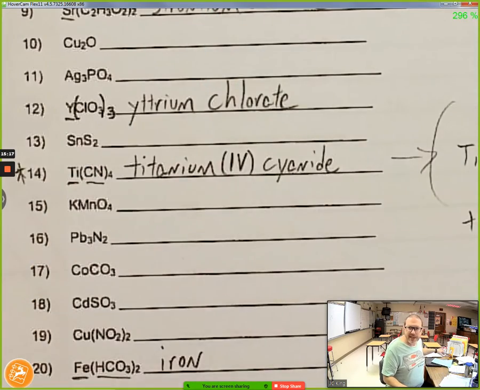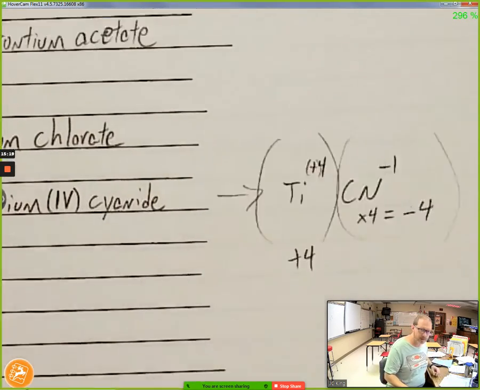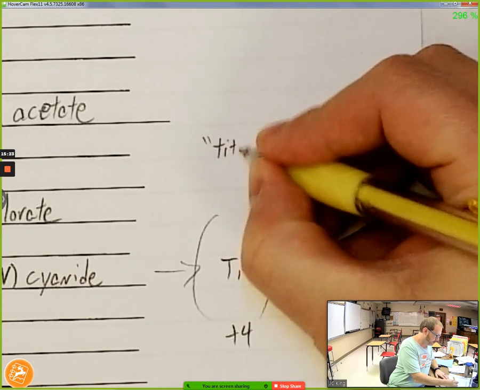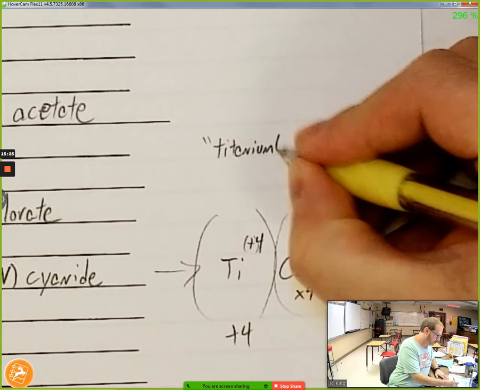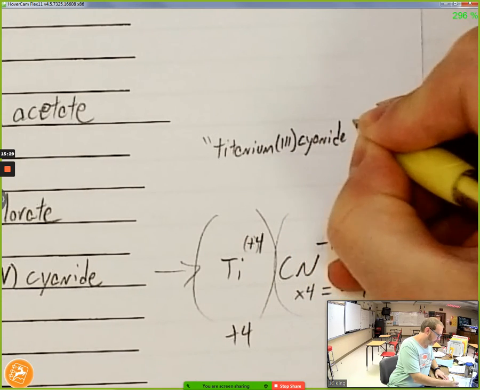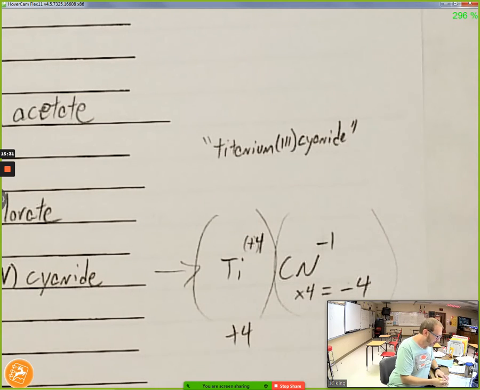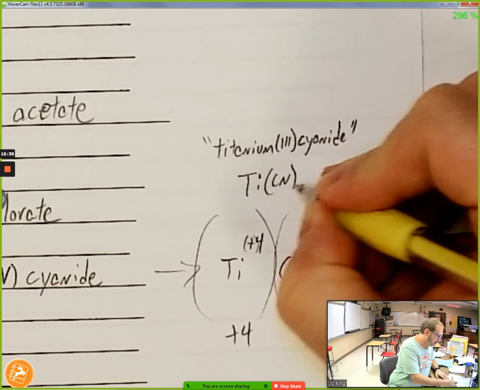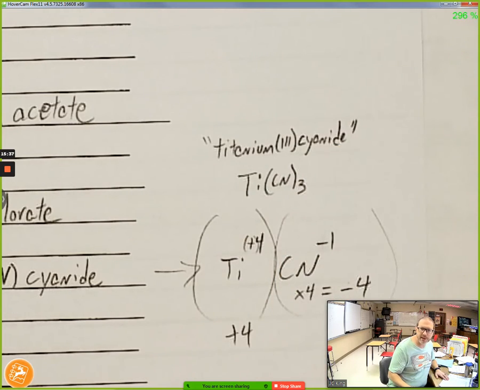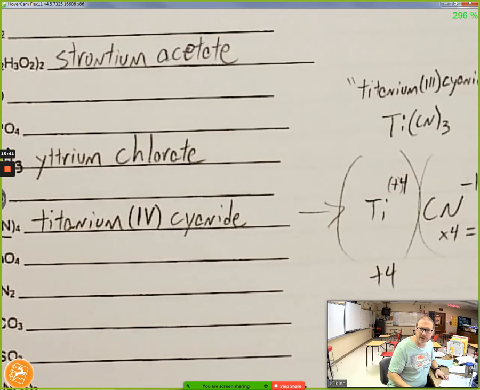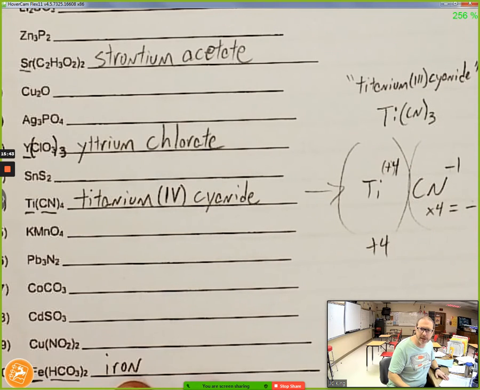If I had titanium 3 cyanide, then it would have been this right here. It would be TiCN3 instead of TiCN4. See, you've got two different compounds.